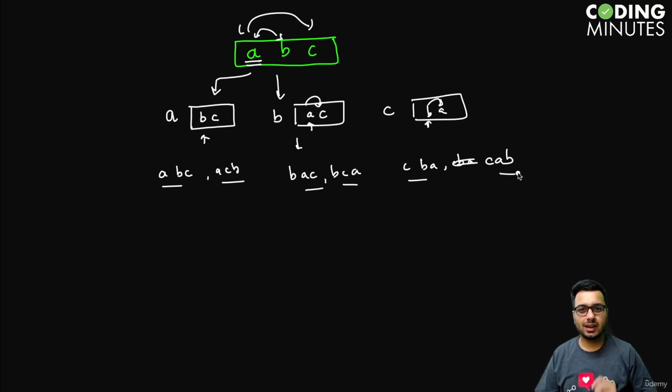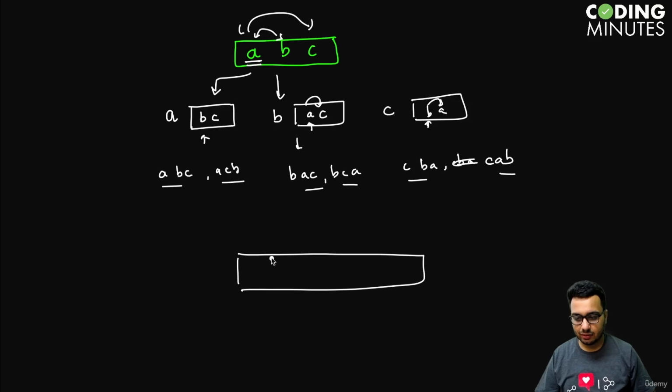I hope you're getting a little bit of an idea. What I'm trying to say is, if you have a string with some letter L here and some letters after it, you exchange this letter with every possible letter in the string and solve the subproblem. How do you solve the subproblem? By making a recursive call.